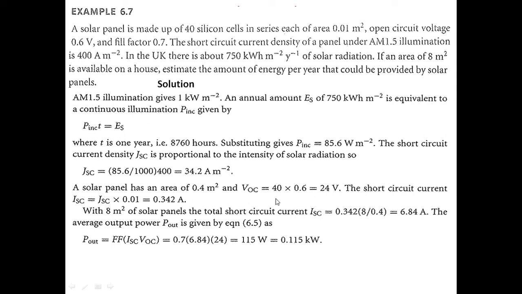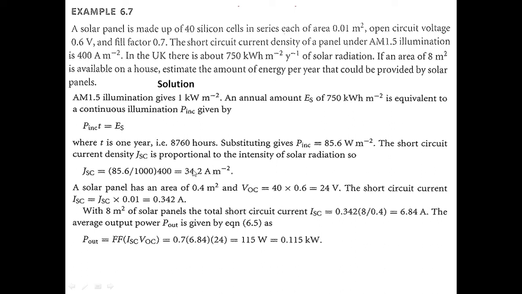The total VOC of a single panel, or single module, will be 24 volt. The short circuit current will be just the current produced by a single cell, and the single cell has an area of 0.01 meter square.